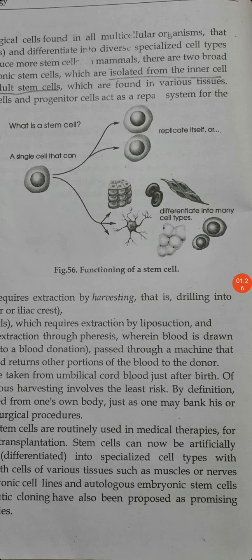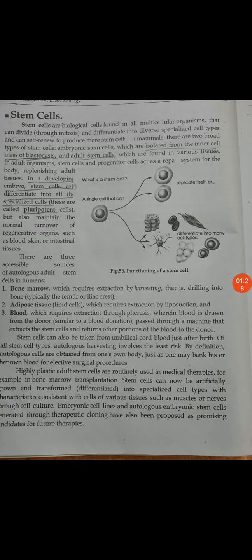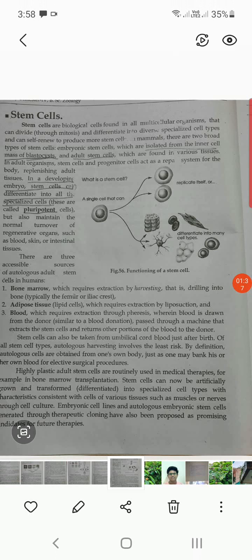These cells in the future embryo differentiate into various cells, organs, and systems, for example, digestive system, reproductive system, excretory system, like that. So all these organs, systems, tissues are formed from the one cell or the bunch of these cells. So these cells of blastocyst are called stem cells.